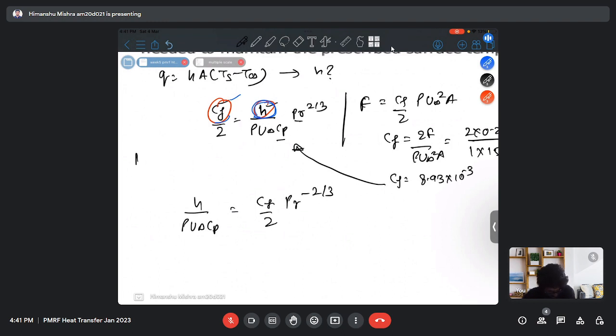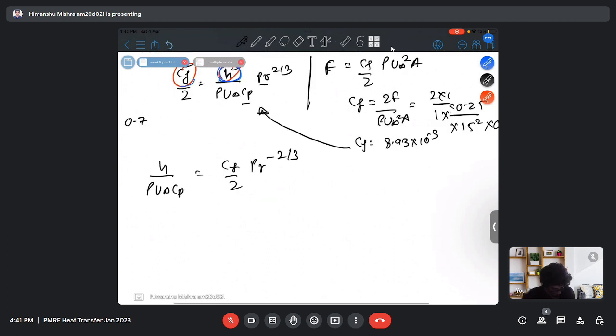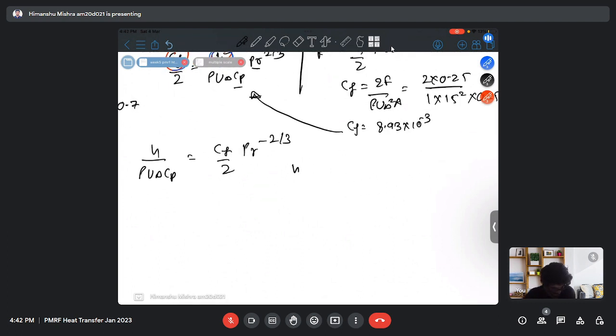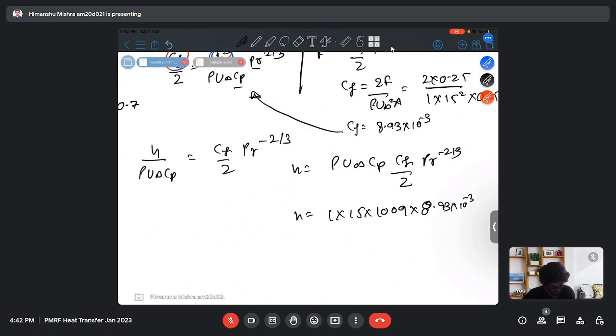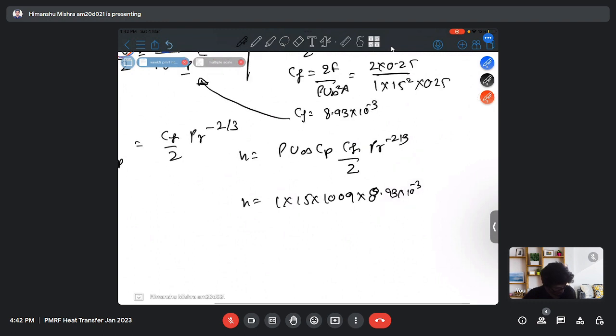The Prandtl number for the gas is the same, 0.7, and then my heat transfer coefficient will be calculated, and we will get the heat transfer coefficient as 85.